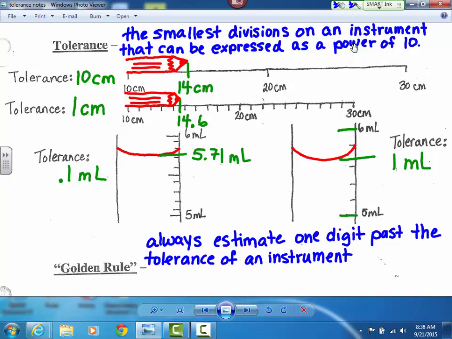In other words, what we've been doing this whole time is read between the lines. One place past the tolerance. I'm going to put a little note here off to the side.